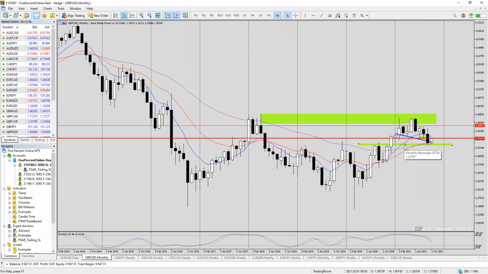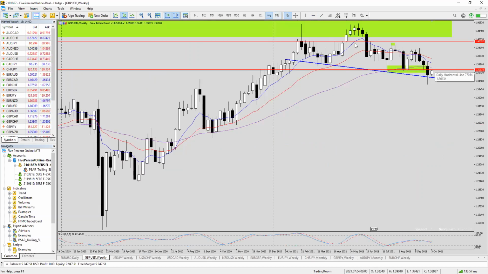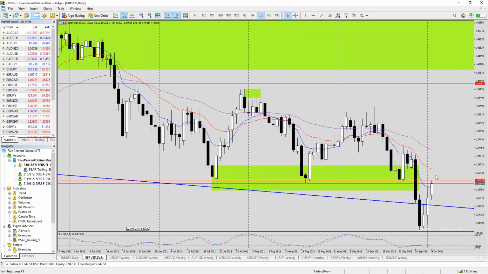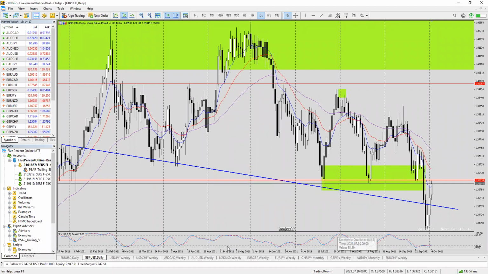But that's on the monthly chart, so only time will tell. In the short term, the trend is bearish, and let's see if the price closes above this resistance line, then it could push even higher, and you will know it by the end of the day.